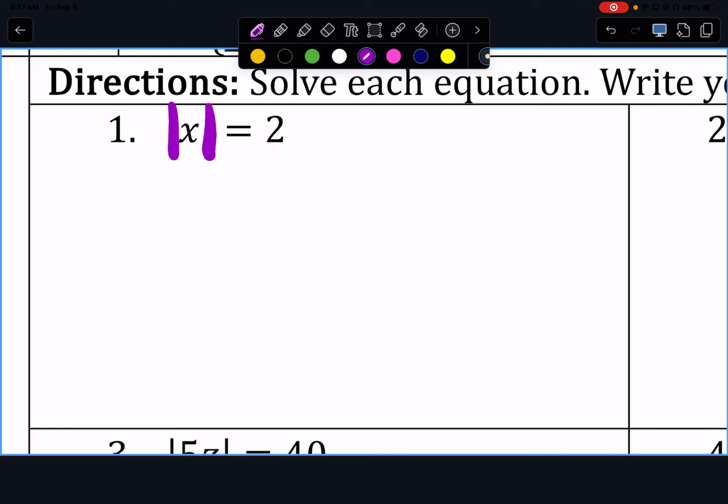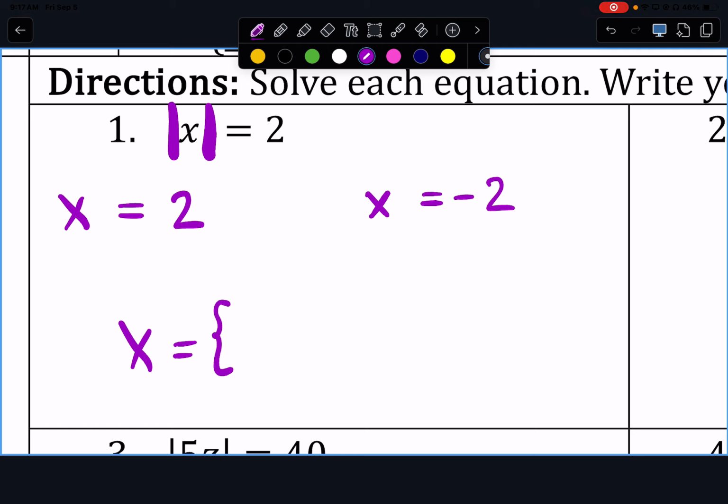So now what we have to do is take the inside, x, and set it equal to the positive and the negative. So x is equal to 2 and x is equal to negative 2. Is there anything I need to do to solve those equations? No. So we're good to write our answer as x is equal to squiggly bracket, negative 2, comma, 2.